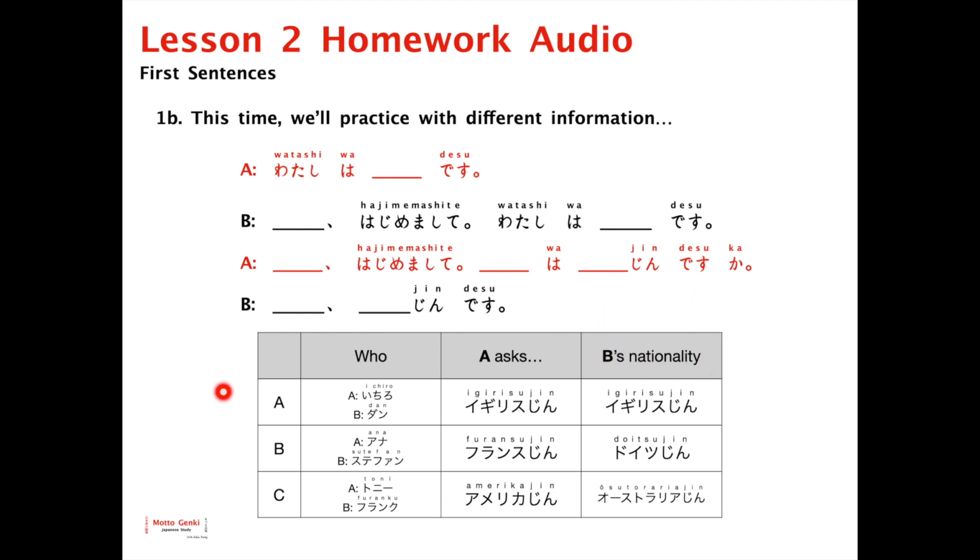So in conversation A is Ichiro and B is Dan. Ichiro asks Dan if he's British, and B's nationality, so Dan's nationality, he is British. So down here, we can say either yes or no. So yes, as we learned, is hai, and no is iie.